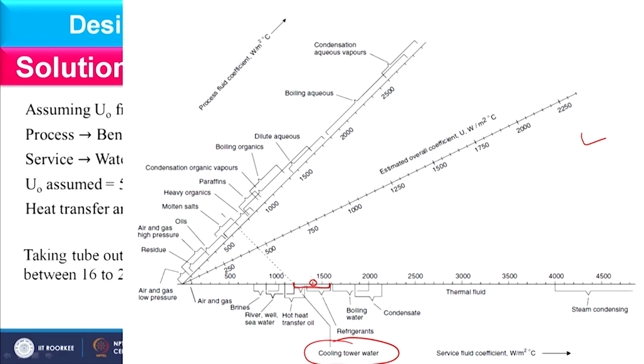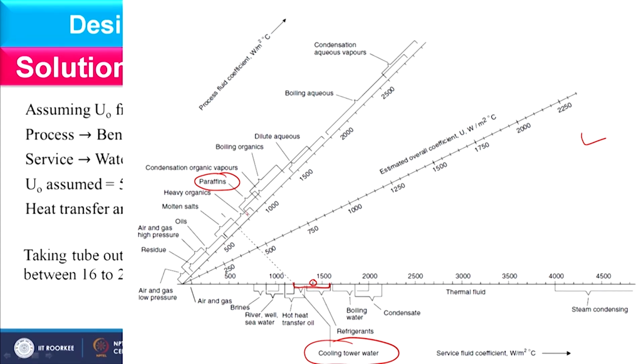So, you have to consider the middle point of this complete range, and for process fluid we have benzene, and that we can consider for paraffins, though it is not a paraffin, but we are considering this range, okay, because you do not know in which category it will fall, okay.